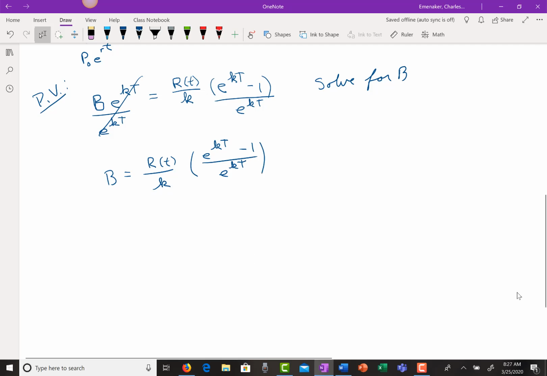Now, remember, talking algebra here for a minute, on this right-hand side, all I really did was to multiply by 1 over e to the KT. On the left-hand side here, I multiplied by 1 over e to the KT. So I've multiplied both sides by the fraction 1 over e to the KT. To get to the next step, all I'm doing is multiplying these two pieces together.